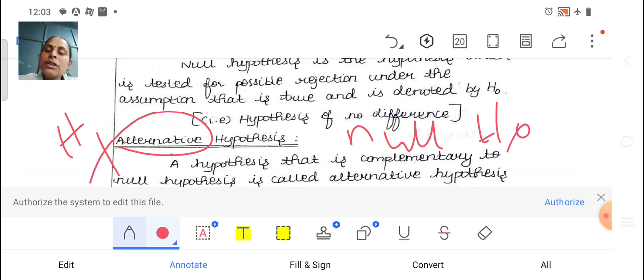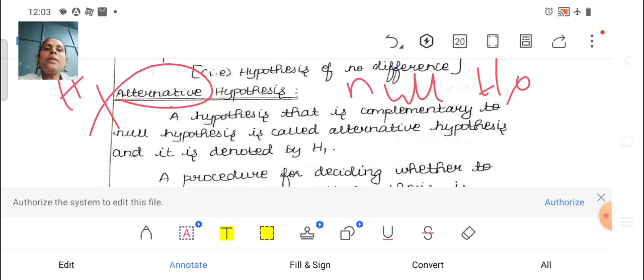The complement of the null hypothesis is called the alternative hypothesis. If in the null hypothesis there is no significant difference, then in the alternative hypothesis it is not equal to, or greater than, or less than.